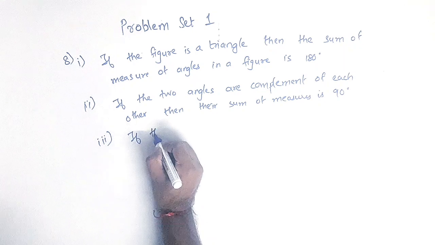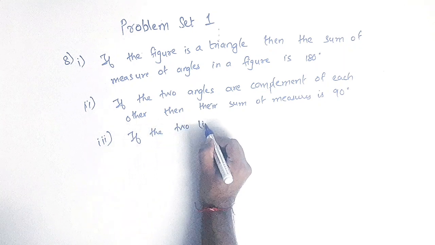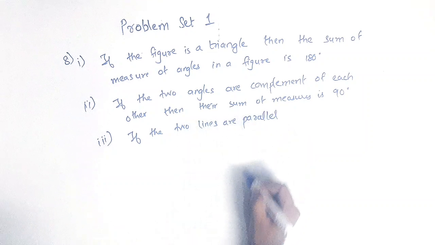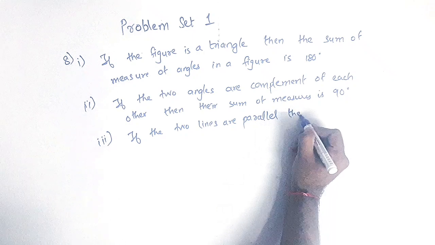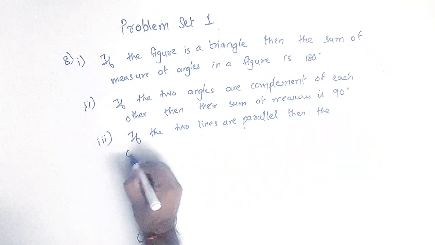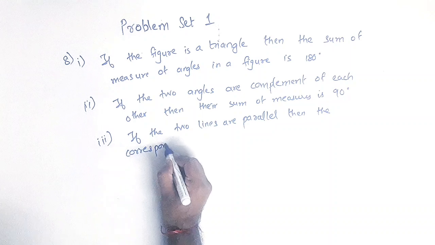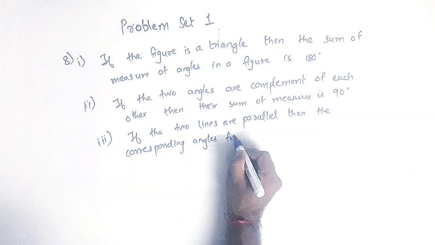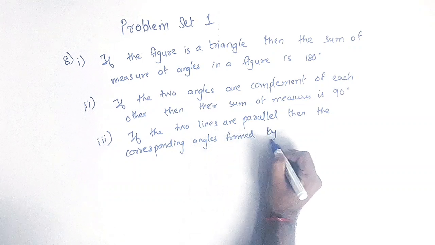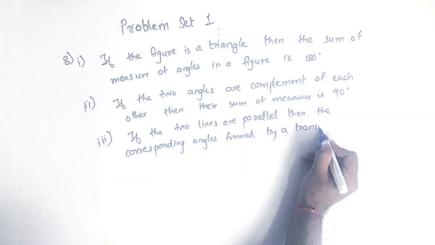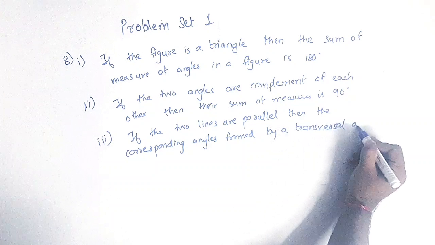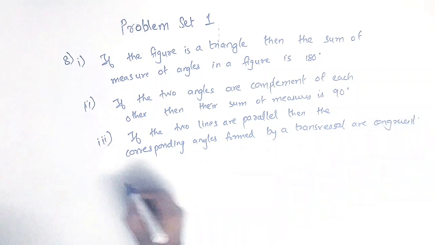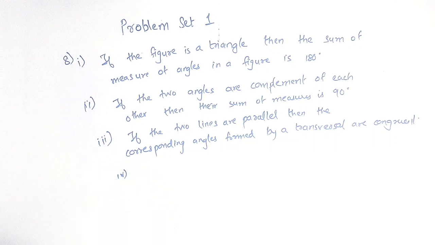If the two lines are parallel, then the corresponding angles formed by a transversal are congruent.